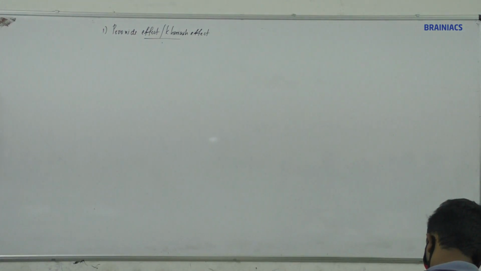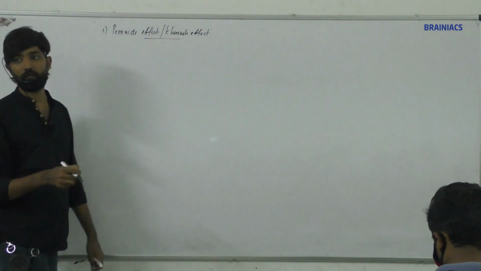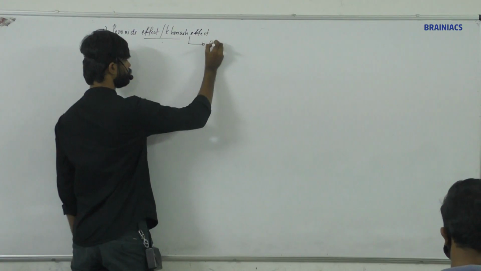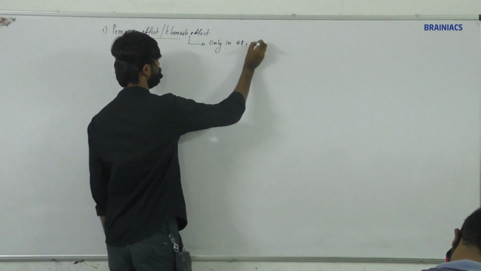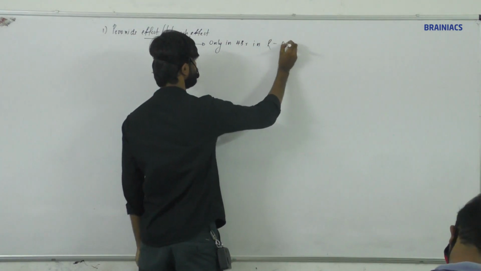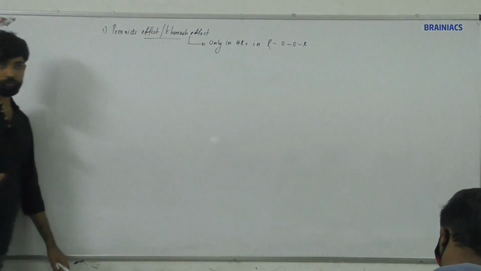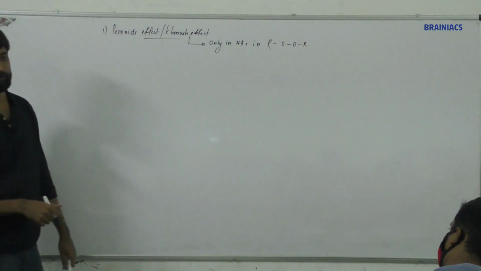Okay. This is only in the case of HBr in peroxide. Peroxide means any compound having an O-O linkage. It is only observed with HBr. Moreover, the HBr should be in peroxide.